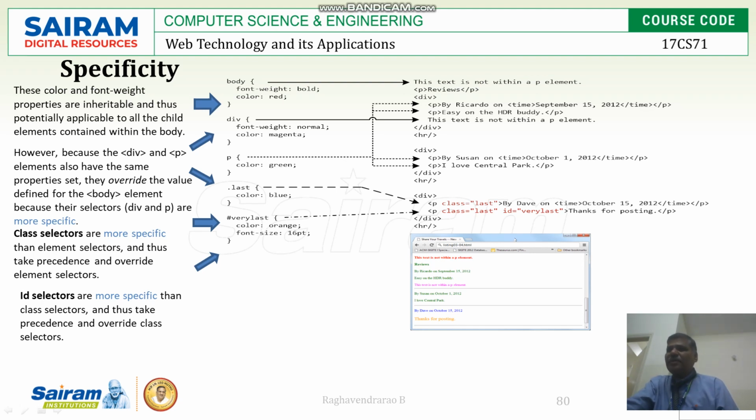Which is going to be taken and applied to the paragraph? Whichever is the last one, that is getting applied. For that, the very last ID has orange, so that orange is applied here. Understood? You can count anything, but whichever is nearest to the text is getting applied. Okay, fine.